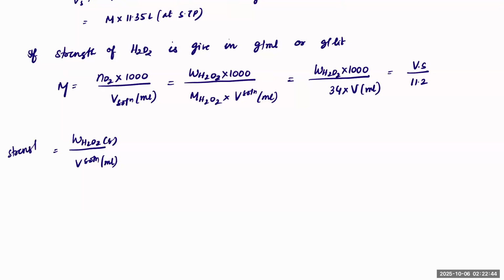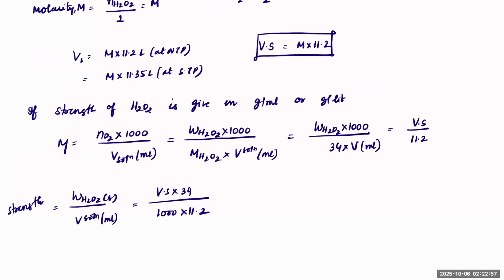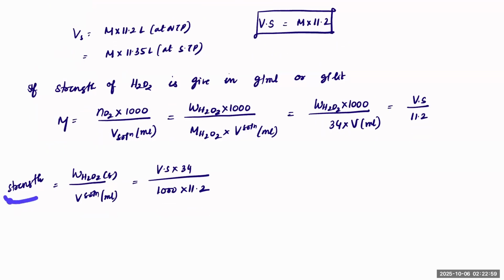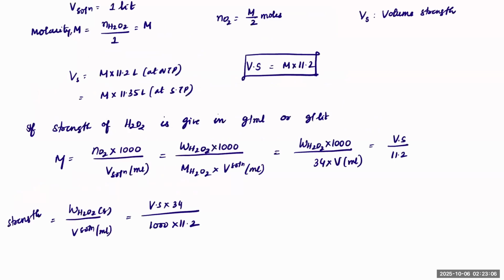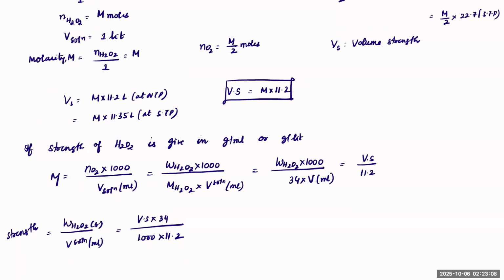So expressing strength in gram per ml, that would be equal to volume strength into 34 divided by 1000 into 11.2. So remember how the question is asked. If the question is asked to find out the strength in gram per ml, this is the formula you will use. If it is gram per liter, just this 1000 will not be there. That's it.